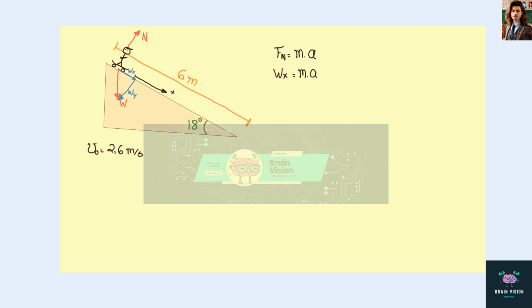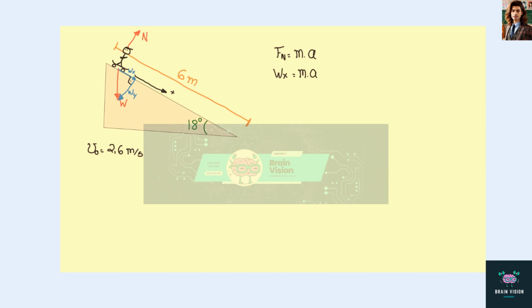But the X component of the weight force can be related to the weight force by using a decomposition of the weight vector. To do that, we have to take a look here in this triangle. So it's a right triangle. And then we have to discover one of its internal angles. To do that, we note the following. This is 18 degrees.